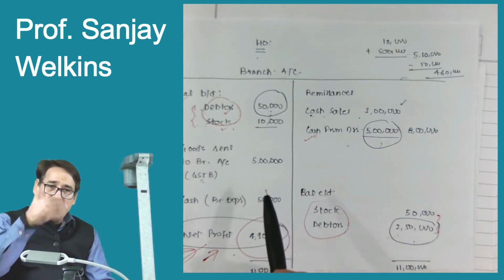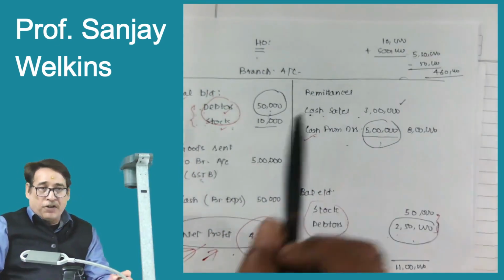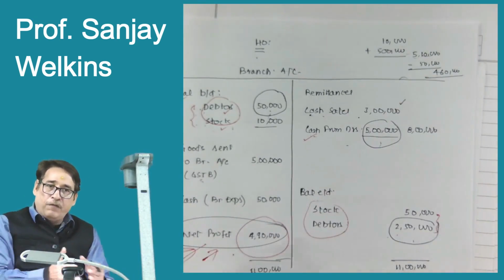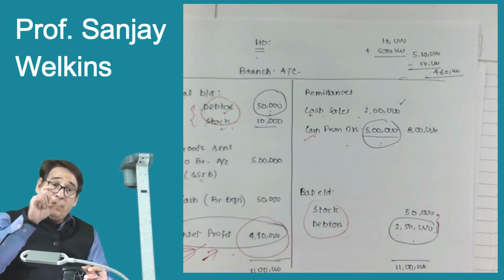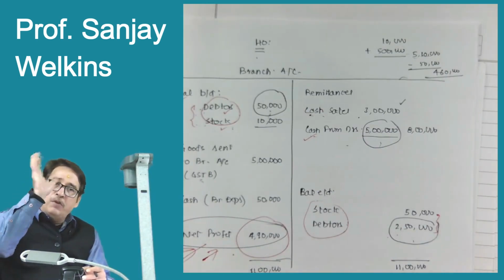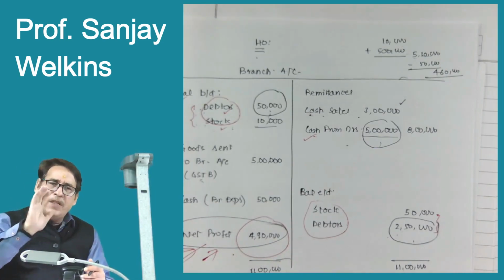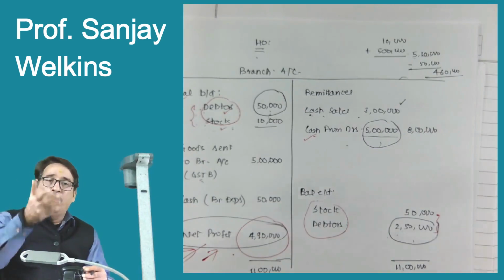Total available goods at your disposal is 5,10,000, and by the end of the year 50,000 worth of goods are remaining. What does this mean? It means out of 510, 460 worth of goods have been sold out, correct? Of course, you must have sold them at a higher price, but it reflects the cost of the goods sold.